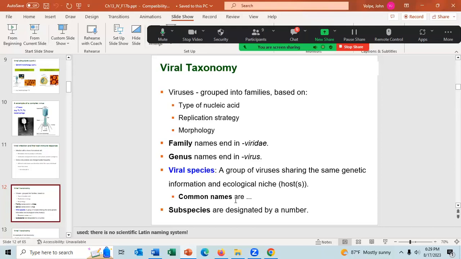Herpes simplex virus type 2 tends to spread sexually. And herpes simplex type 1 tends to spread from parents, especially the mother, to the offspring.